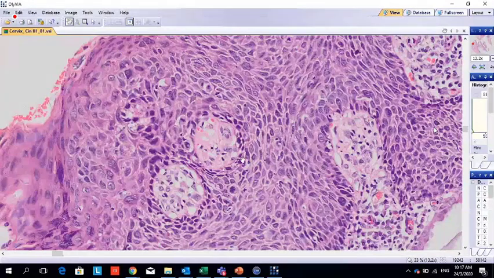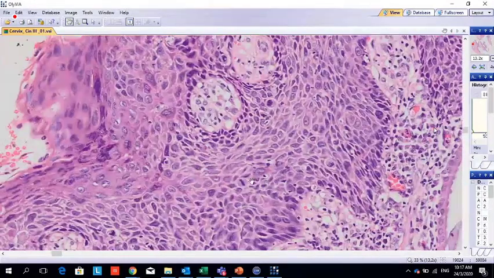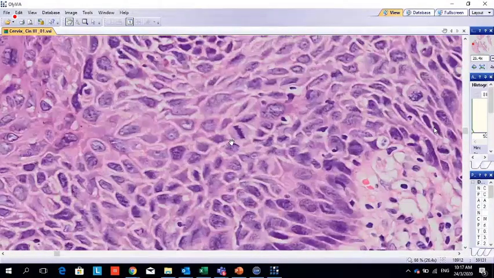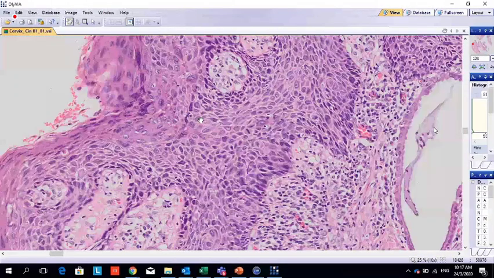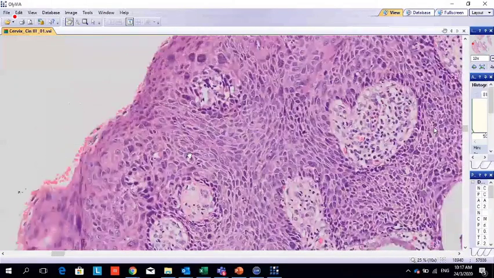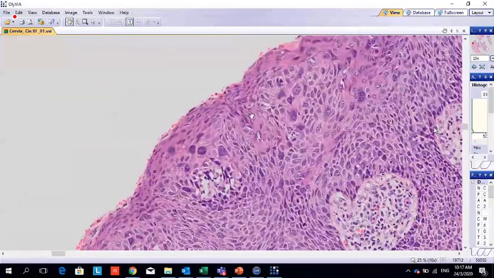Look at the cells. See, this is the mitosis. Can you see? This is mitosis, unipolar, isn't it? See, very marked variation, polymorphism.